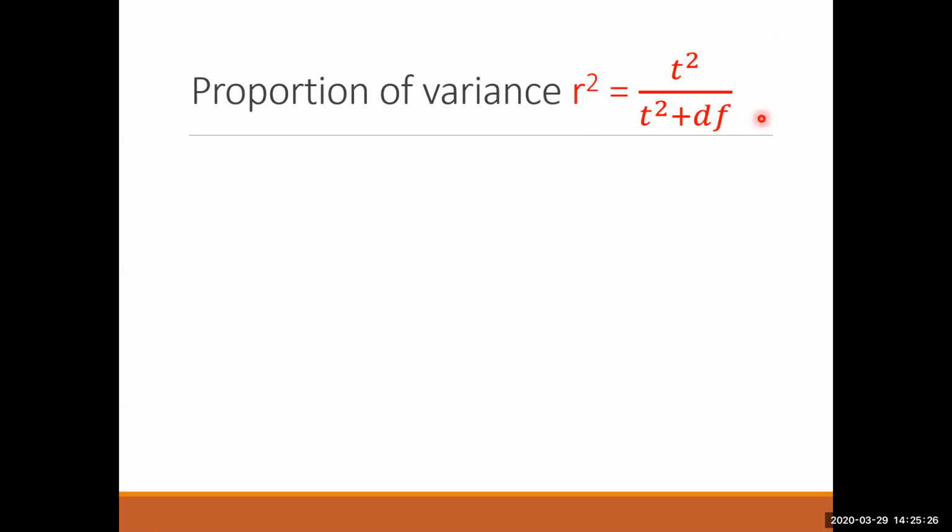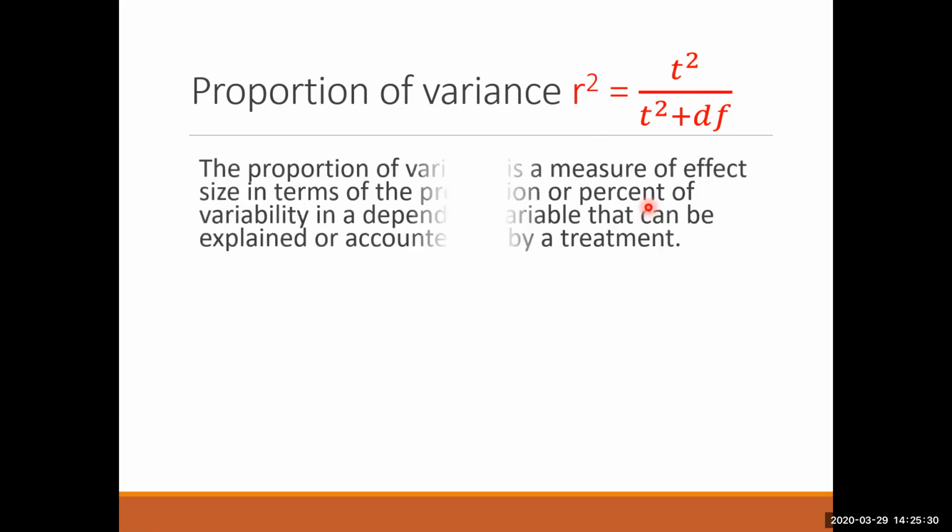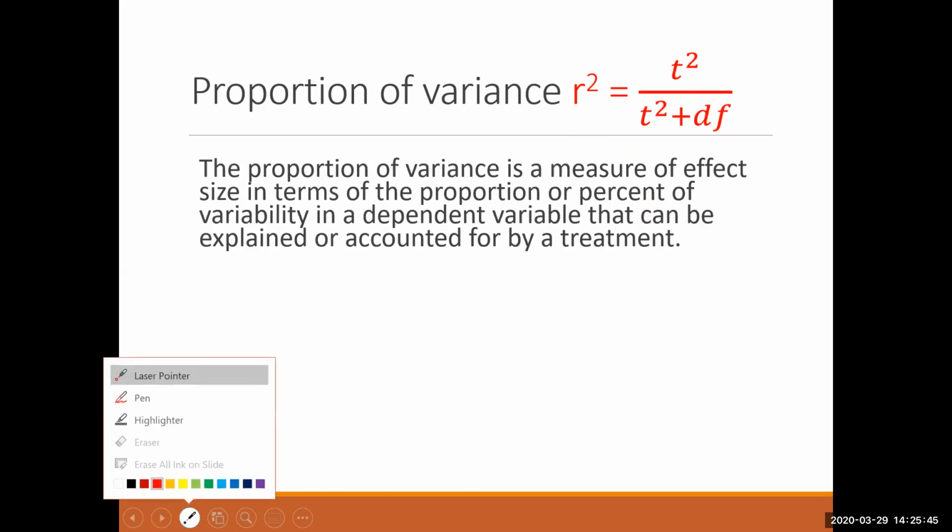So here's the effect size formula. Now, what is the proportion of variance? It is a measure of effect size in terms of the proportion or percentage of variability in a dependent variable that can be explained or accounted for by the treatment.